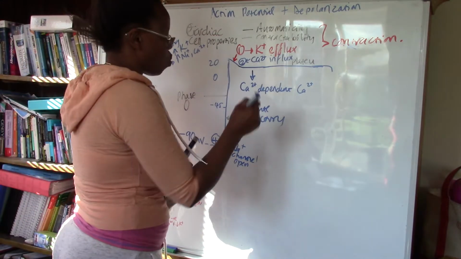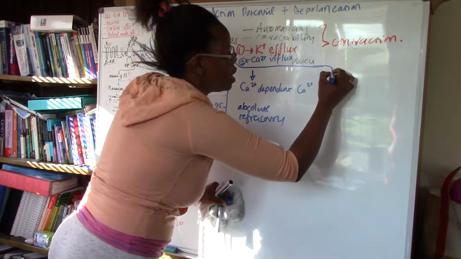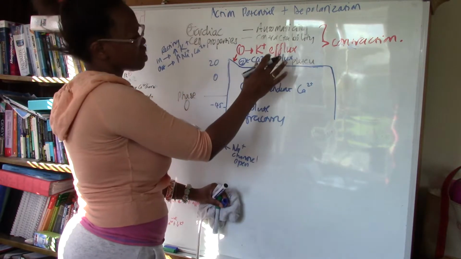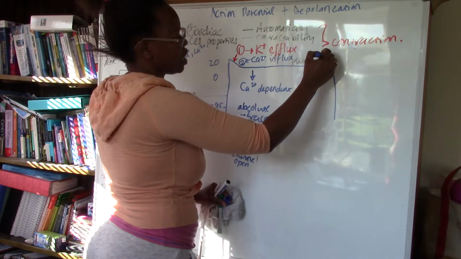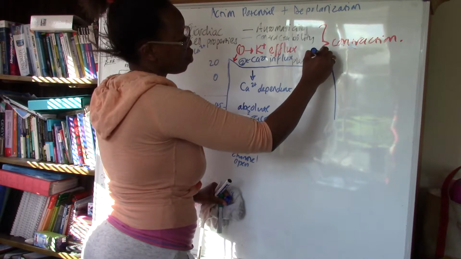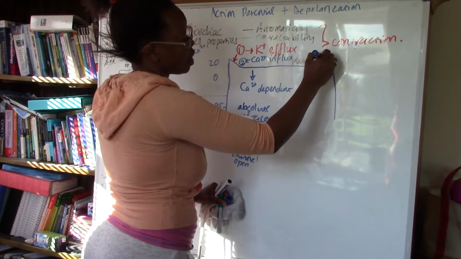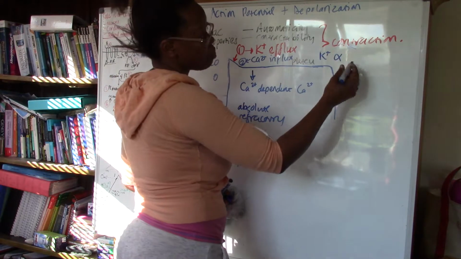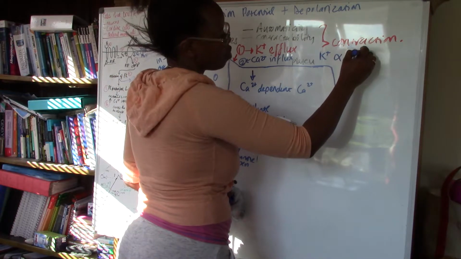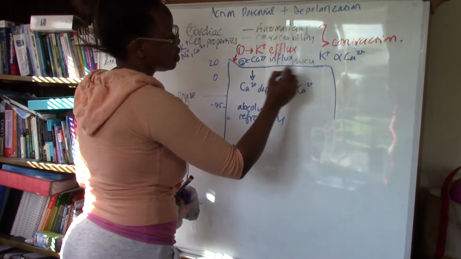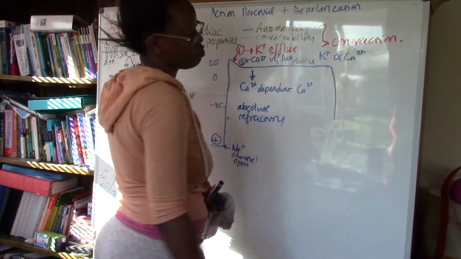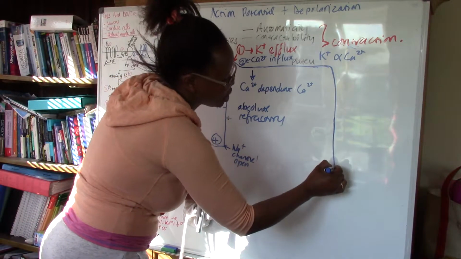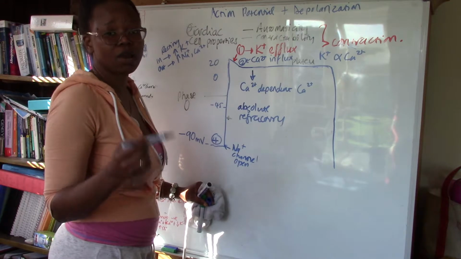And during the plateau phase, I must say that the outflow of potassium is directly proportional to the inflow of calcium, which is why this is a stable plateau phase. However, repolarization then happens.